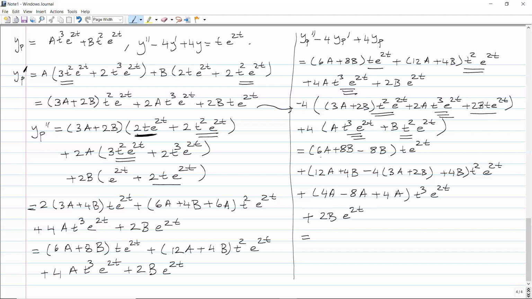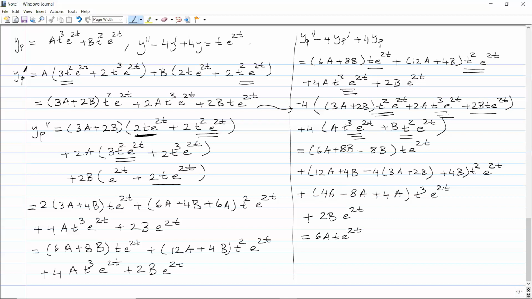Okay, so the first one, 8b minus 8b is 0, so 6a t e to the 2t. Next one, 12a minus 12a is 0, 4b minus 8b, so minus 4b plus 4b is 0, so the second term vanishes. You see the coefficient of the second term is 0.